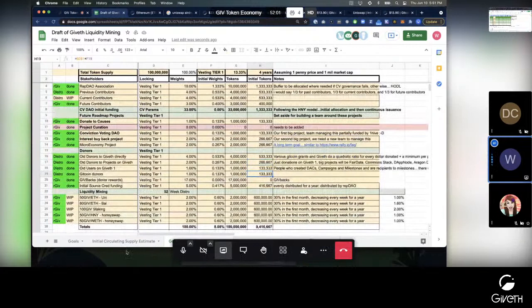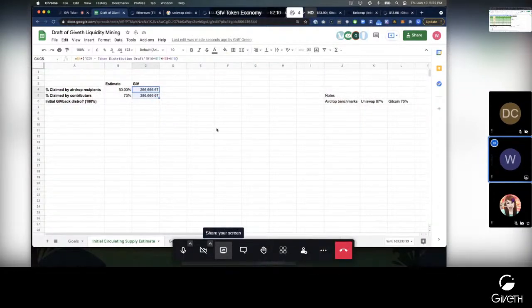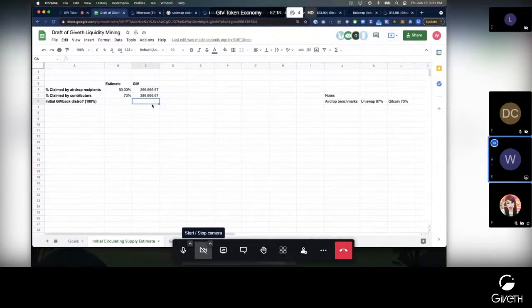So other than that, I think our initial supply is actually very low. So far, without the giveback distro, we're at 650,000 give. It's good that we're doing this exercise.